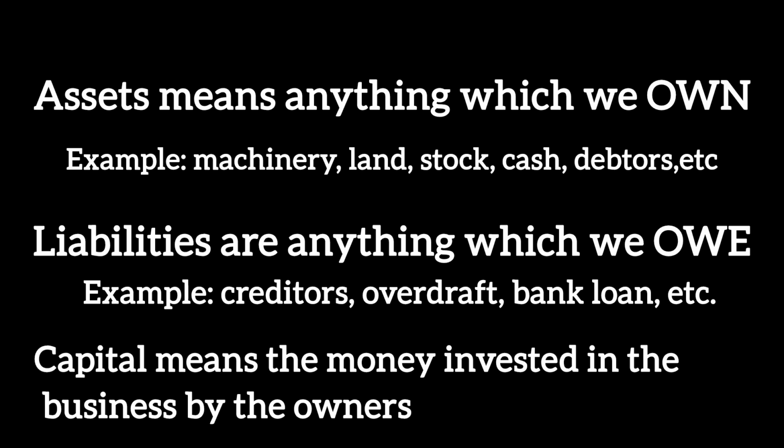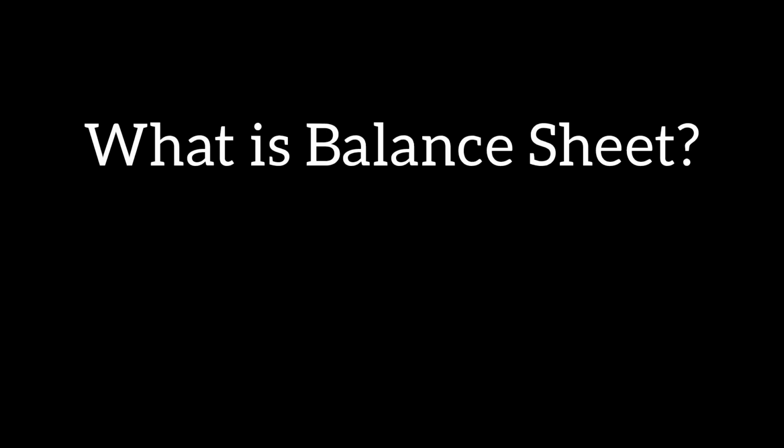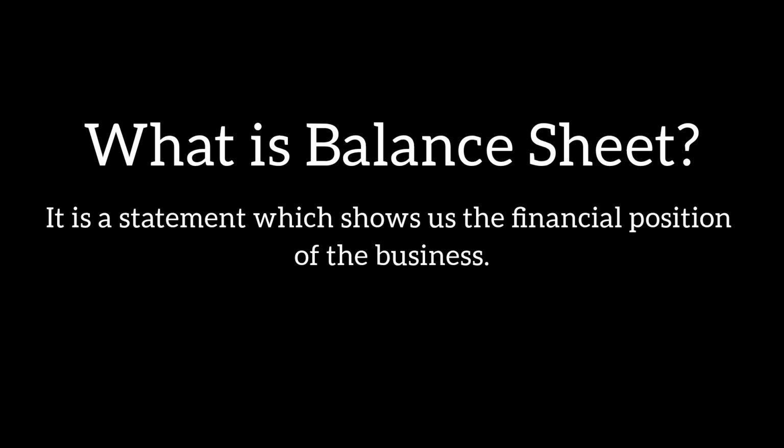Now, this accounting equation is also known as the balance sheet equation. Why is it known as the balance sheet equation? Because it deals with the items of the balance sheet. Now, what is a balance sheet? A balance sheet is a statement which shows the financial position of the business.